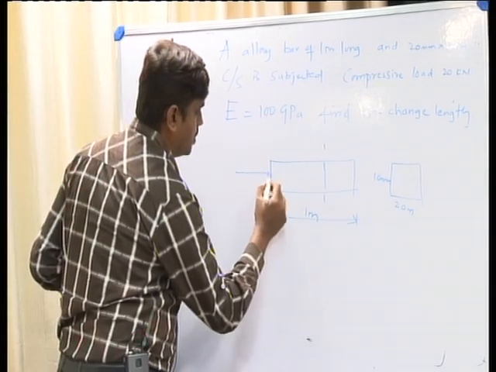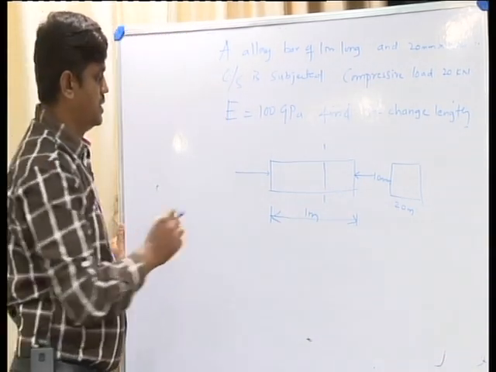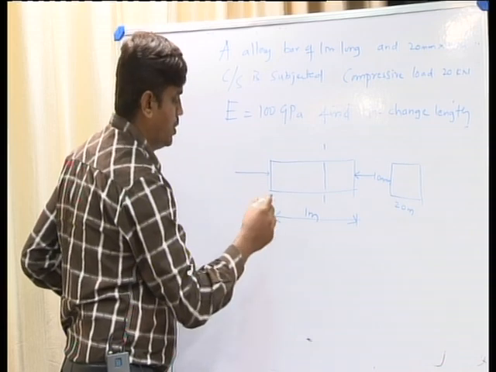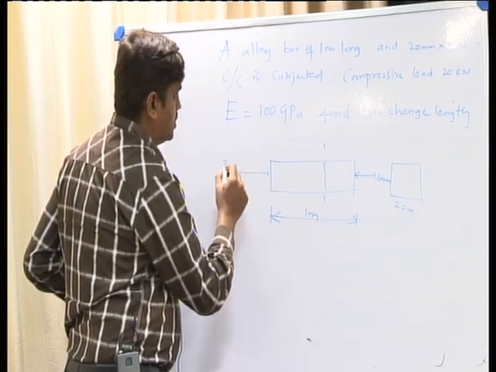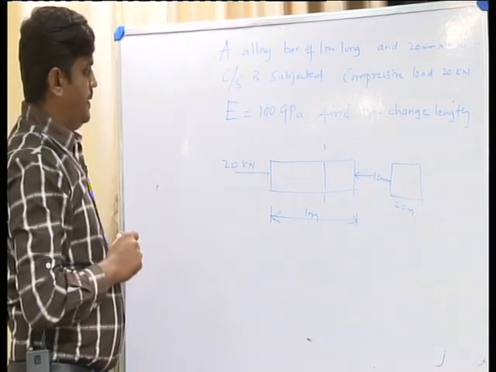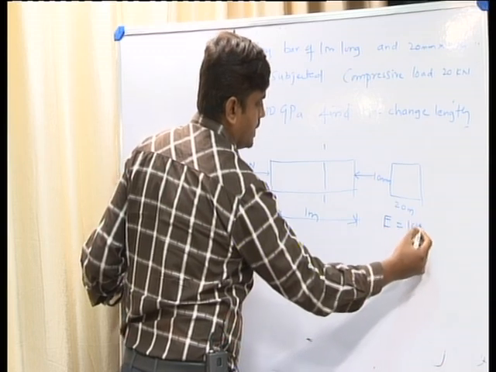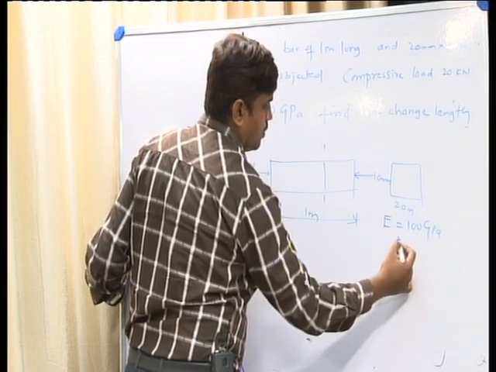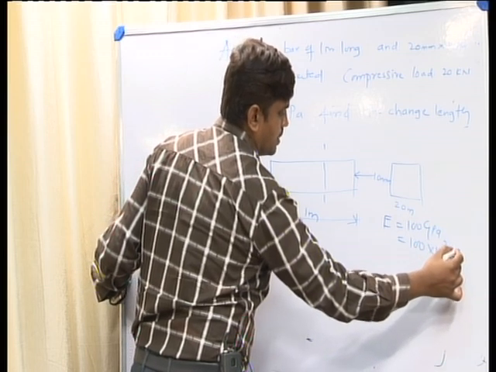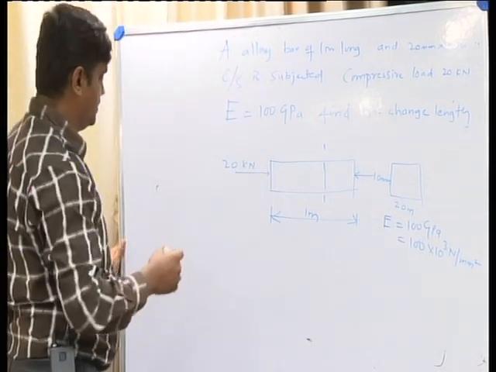Compressive load means the load is in the direction of force towards the body, it is a push. Compressive means push, tensile is pull. How much load? 20 kilonewton. Given E is equal to 100 GPa. As I told you, 1 GPa is equal to how much? 10 raised to 3 Newton per mm square. We will write the given data.